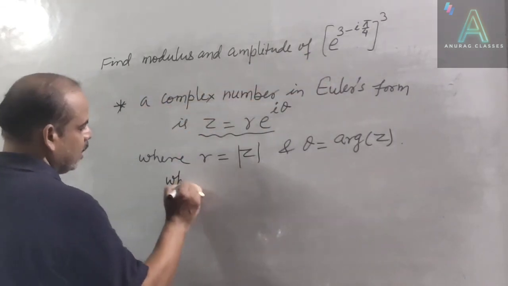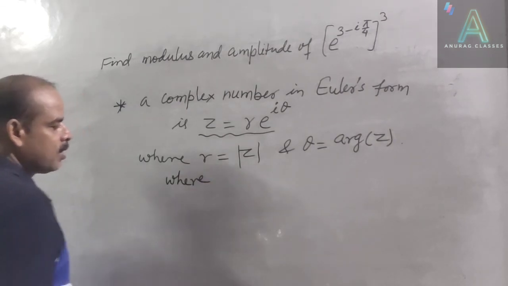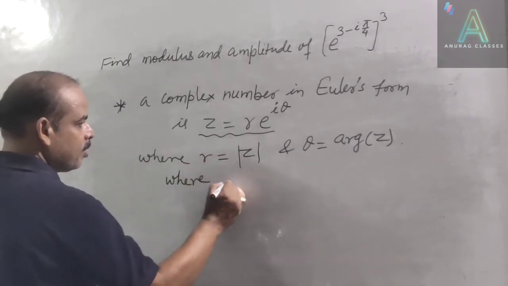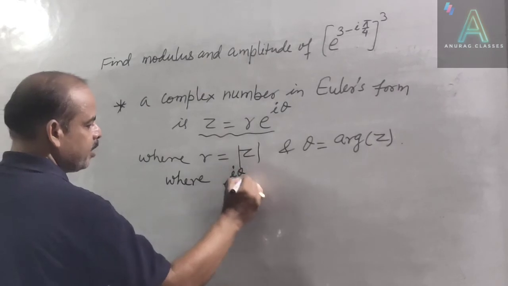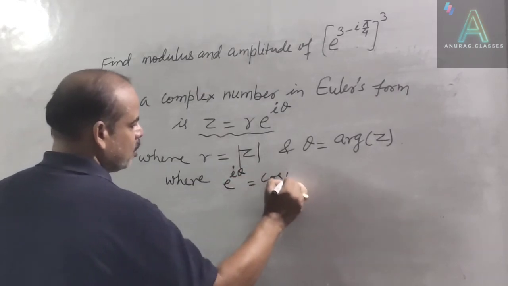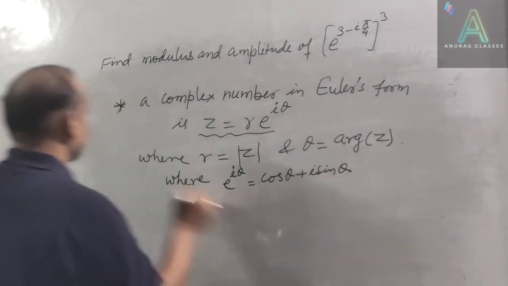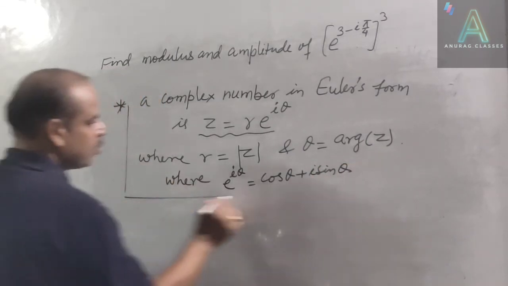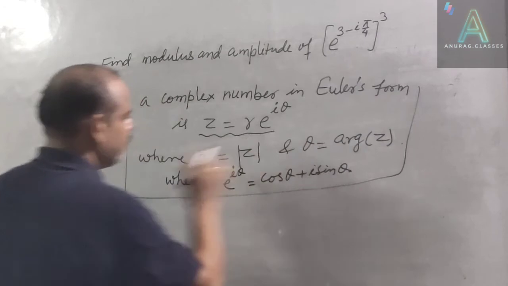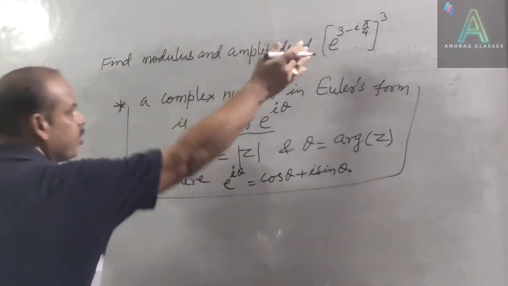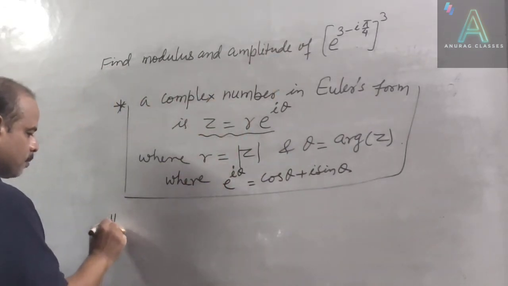Here one more thing I am going to state, that e to the power I theta is nothing but cos theta plus iota sin theta. So after knowing these facts, let us start with the question.